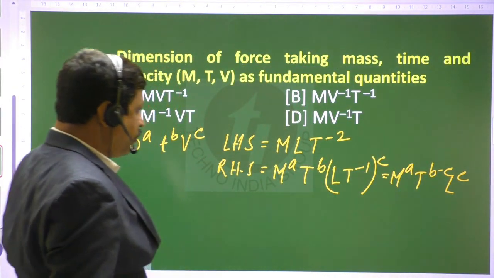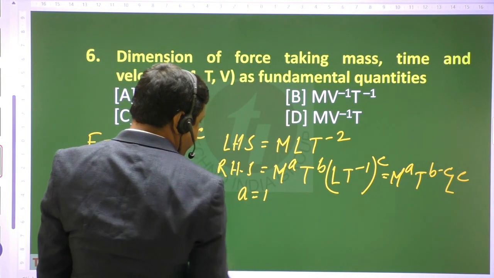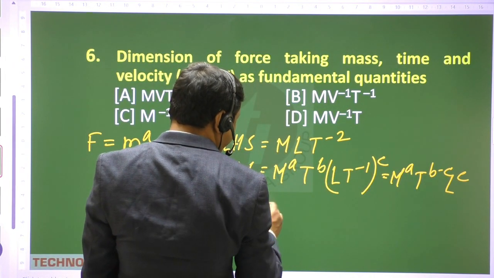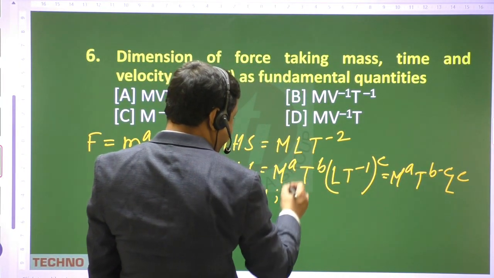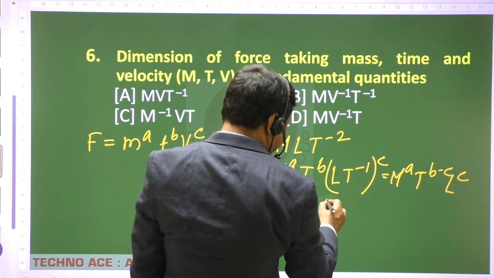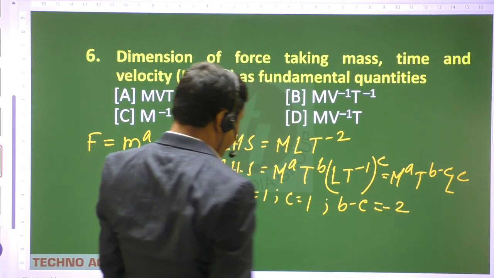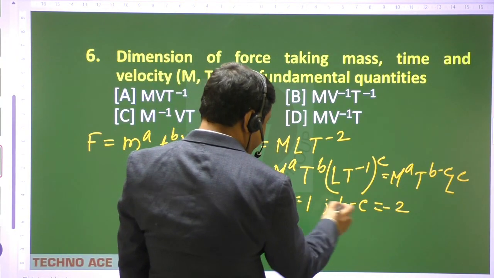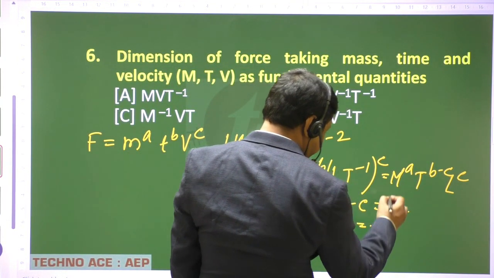If you compare these two, then a equals 1, since the power of M is a on one side and 1 on the other. The power of L is c, and here 1, so c is also 1. For T, b minus c equals minus 2, so since c is 1, b will be minus 1.